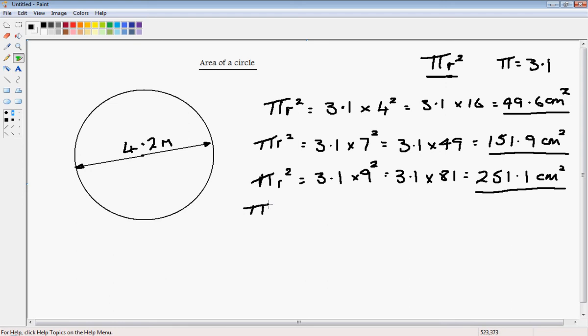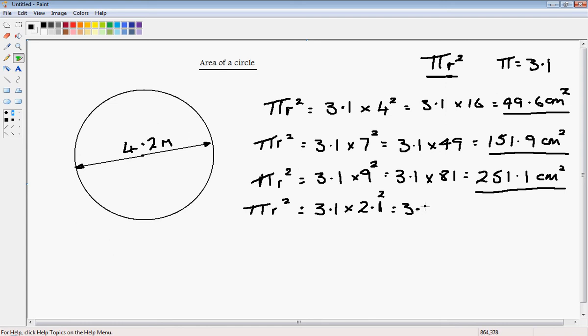So we go back, pi r squared, this equals 3.1 multiplied by, now the pond is 4.2 meters wide, so half of that distance, the radius, would be 2.1. That would be 2.1 meters, and that, don't forget, is squared.